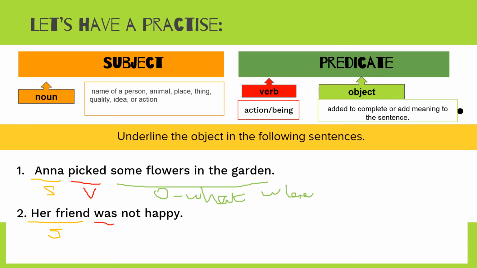Remember, in the past lesson, we learned about the linking or being verb. Here, was is our being verb, and our object is not happy. It's telling us what her friend feels. Okay? So the object in sentence number 2 is not happy.